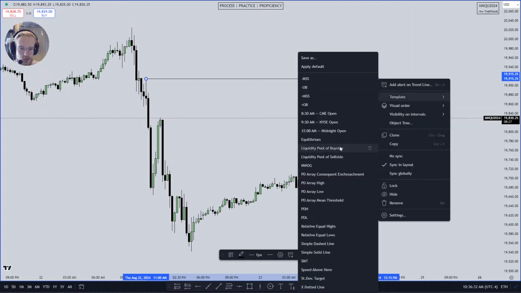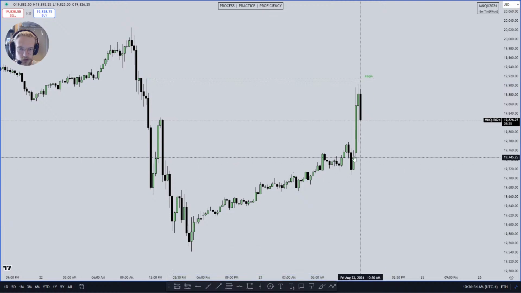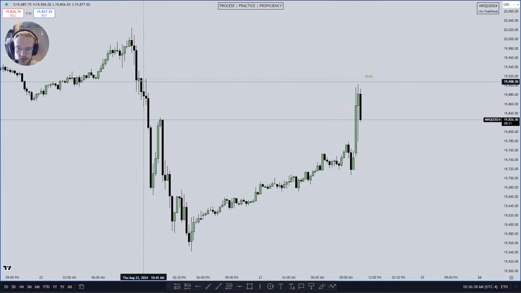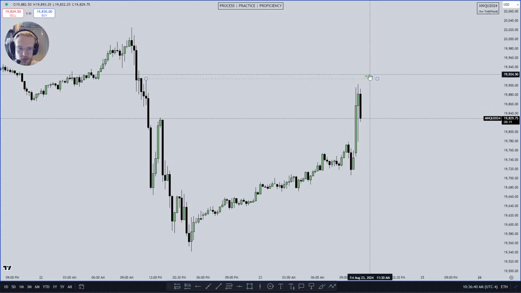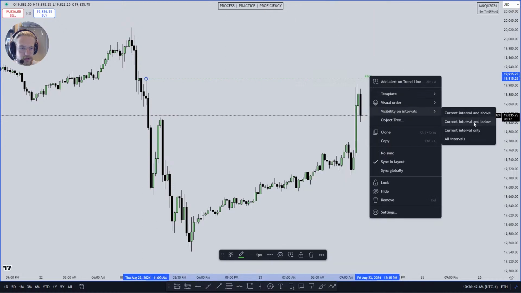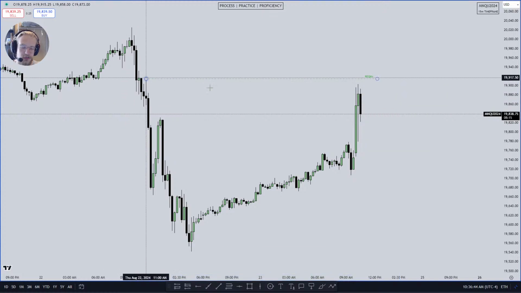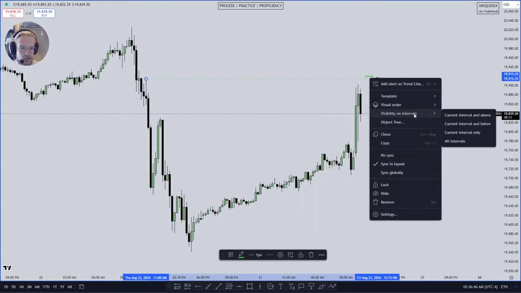We have strong displacement to the upside here. We stop just short of this swing high, creating another relative equal high.